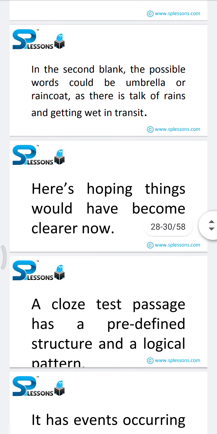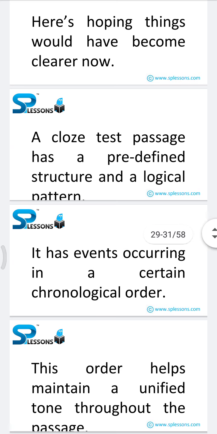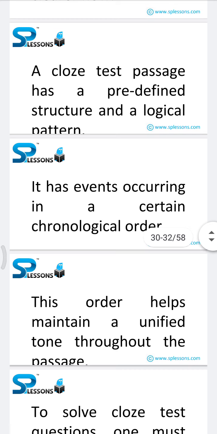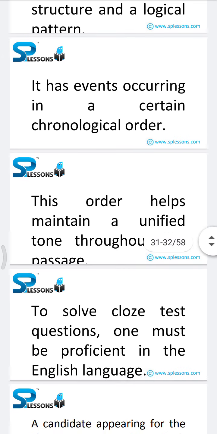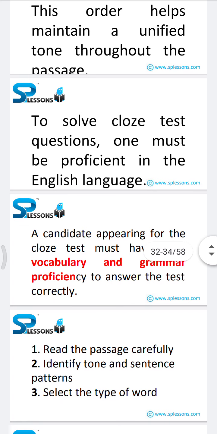A closed test passage has a predefined structure and a logical pattern. It has events occurring in a certain chronological order. This order helps maintain a unified tone throughout the passage. To solve closed test questions, one must be proficient in the English language. A candidate appearing for the closed test must have both vocabulary and grammar proficiency to answer correctly.